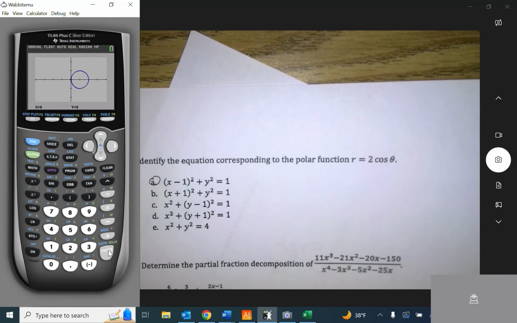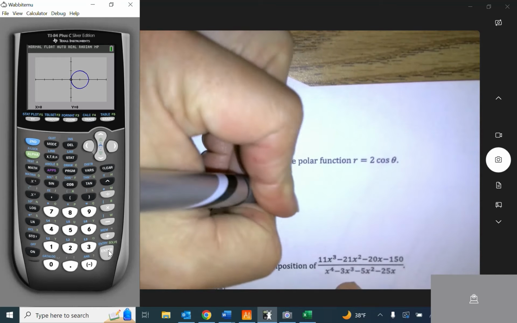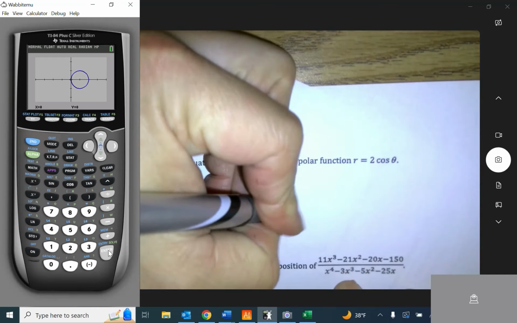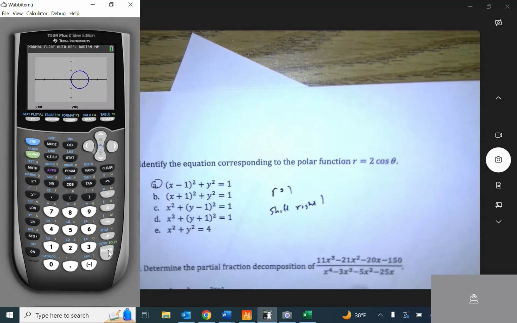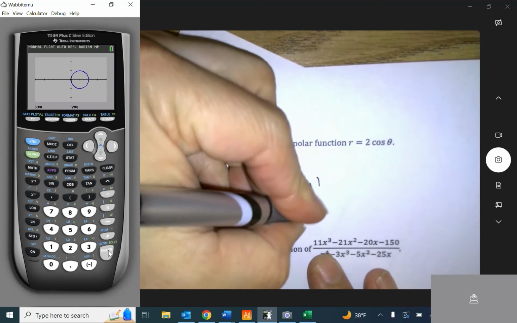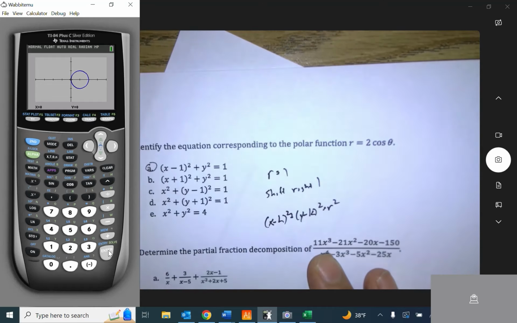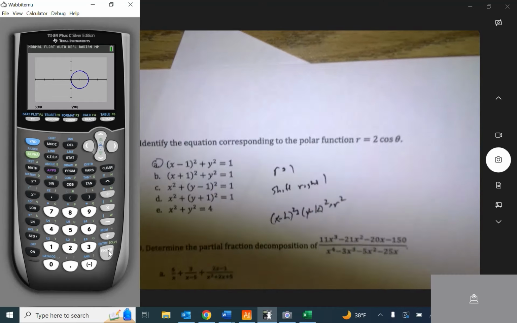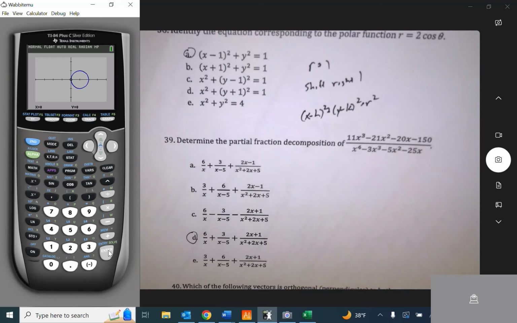You can see that it has a radius of 1 and it's been shifted right. So radius is 1 and it was a shift right 1. That's choice A. Because, you know, x minus h squared plus y minus k squared equals r squared, right? Hope you do.